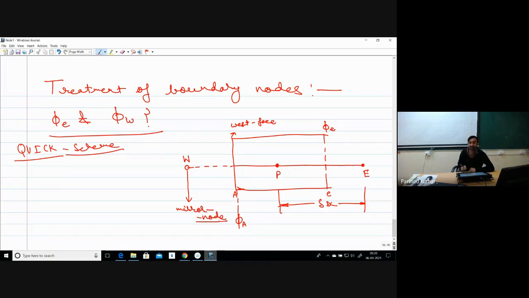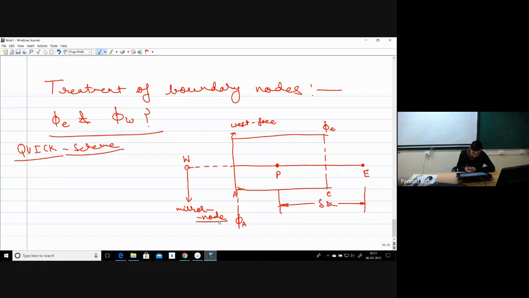This point is clear? The extra node which we create in order to obtain the value of the fluxes for the boundary faces is what we call a mirror node, created in order to meet the order of accuracy requirements.